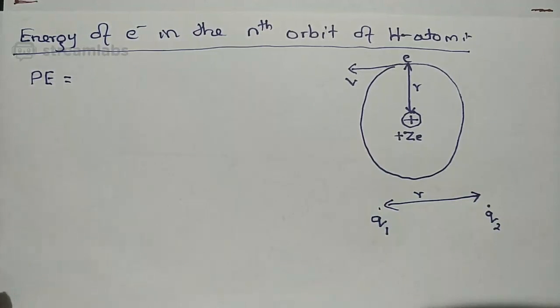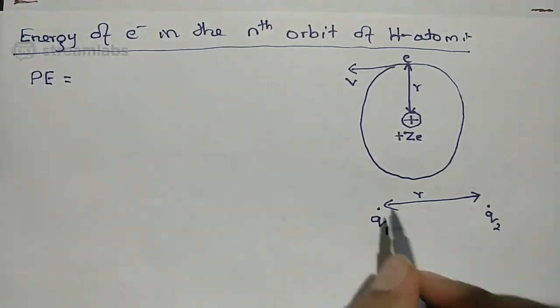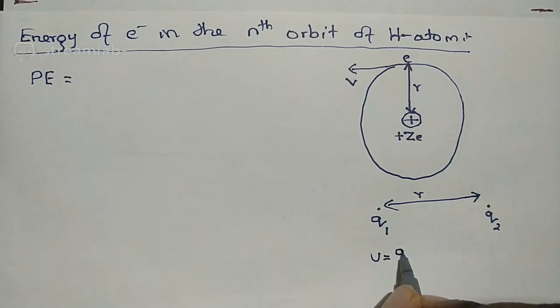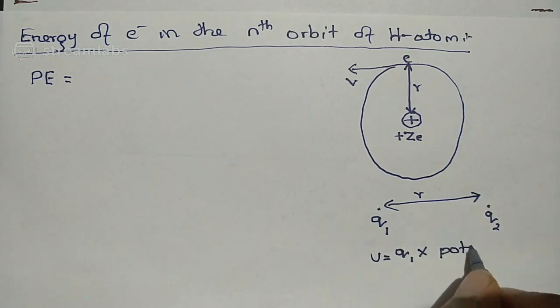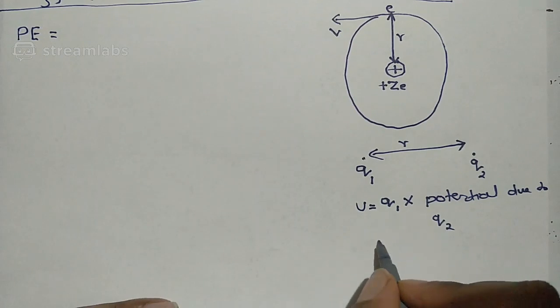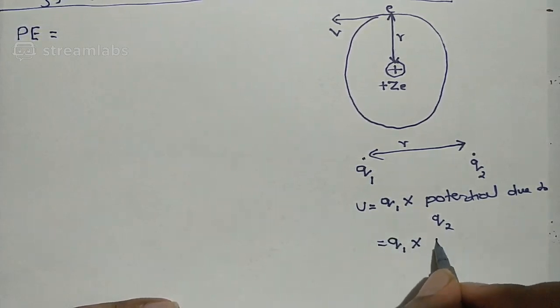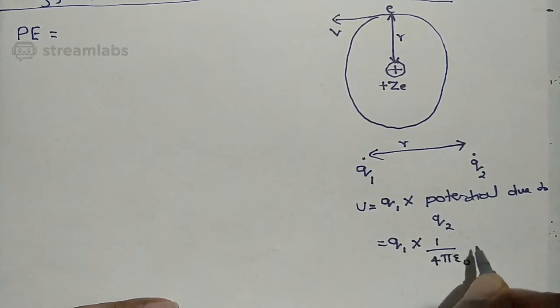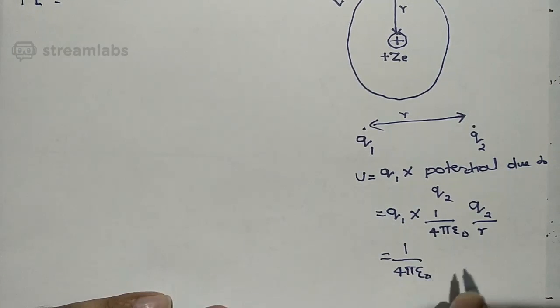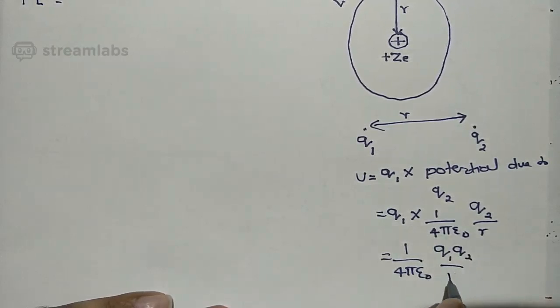If you want to find the potential energy of the system, then U equals the magnitude of one charge into the potential due to the other charge. Potential due to Q2 is 1 by 4 pi epsilon naught Q2 by R. So U is 1 by 4 pi epsilon naught Q1 Q2 by R.